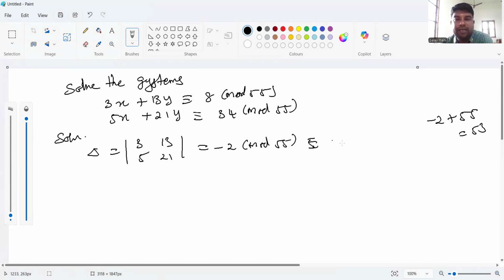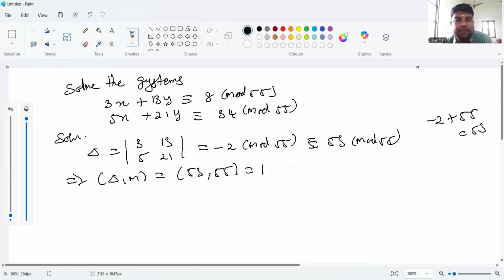So del is 53 modulo 55. Now check the condition: GCD of del comma m, that is GCD of 53 comma 55, is 1. Therefore, it has a unique solution.